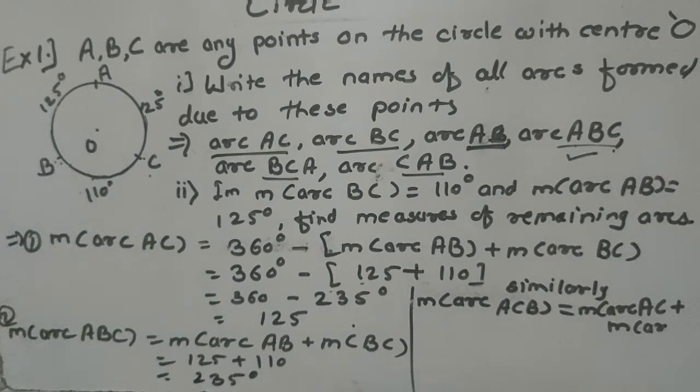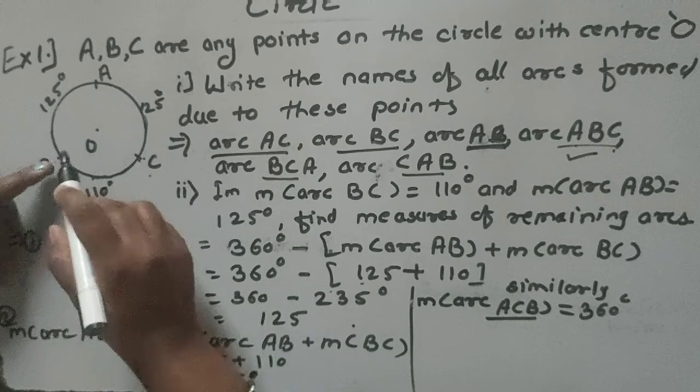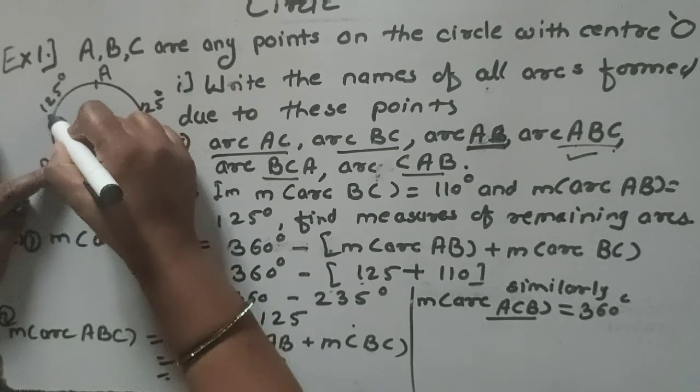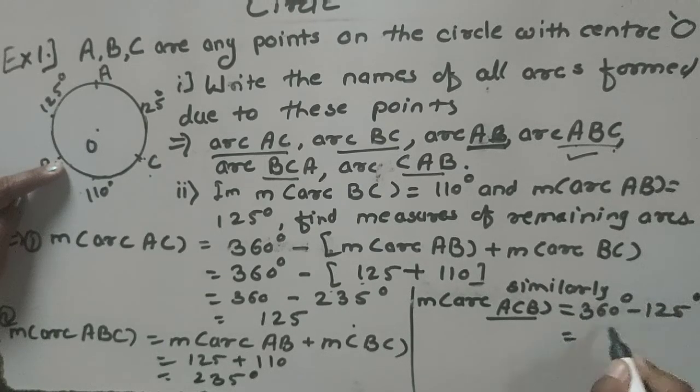Or instead of that, we can subtract from 360 to find ACB. If we subtract 125 from 360, we will get the answer. 360 minus 125, its subtraction is 235 degree.